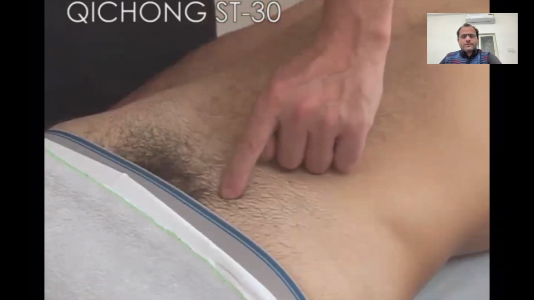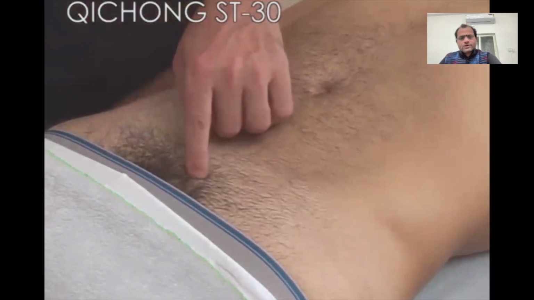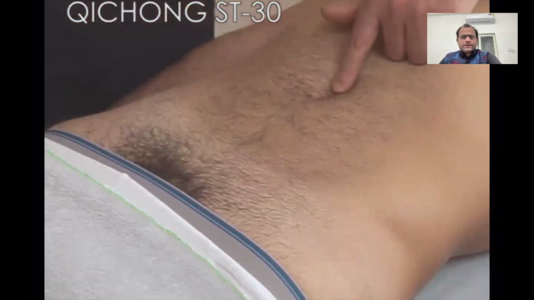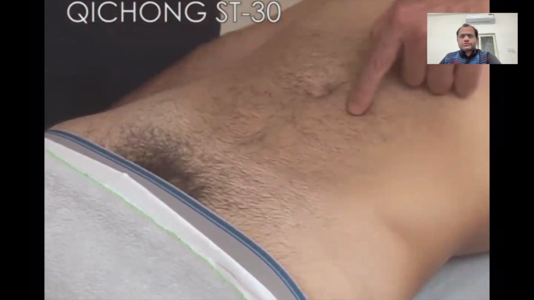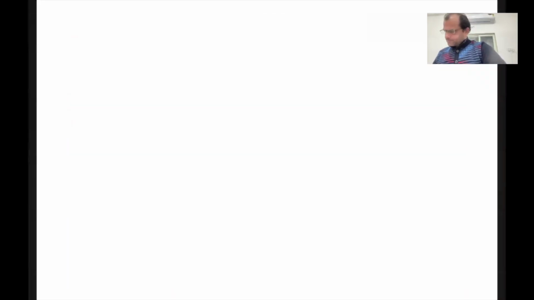From the center we go to the bone. This is the navel area, and we know the stomach meridian is 2 chun apart from the navel area. So we will find Stomach 30 here.